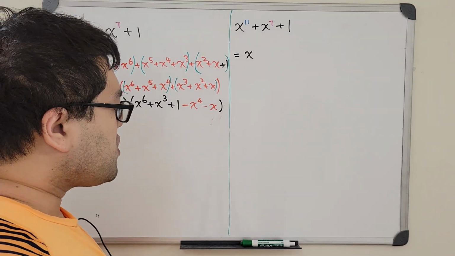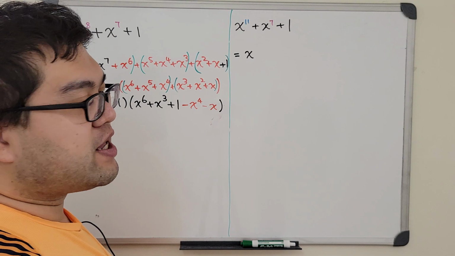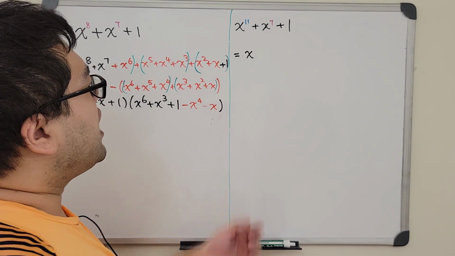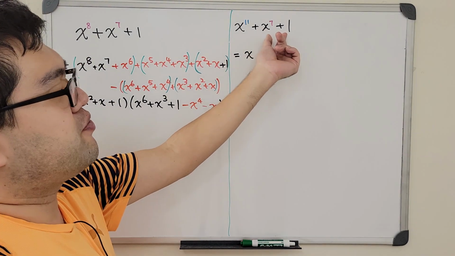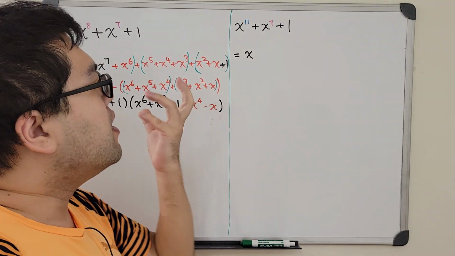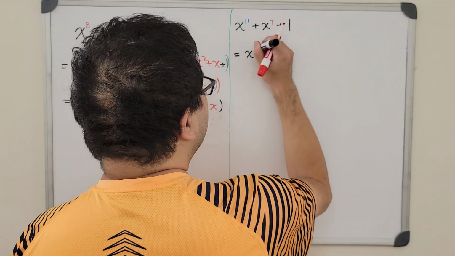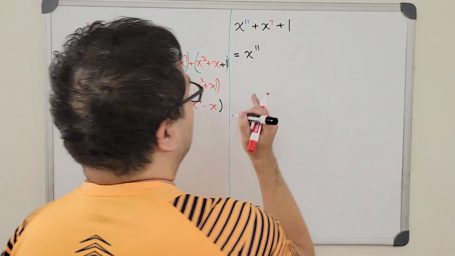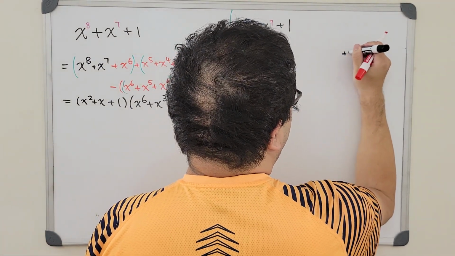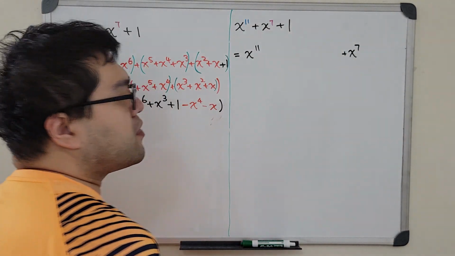So what does that mean? It means that if we can actually have 3 terms or multiples of 3 terms consecutively missing, we will be able to factor out. So in fact, we have x to the 11th power plus x to the 7th power.